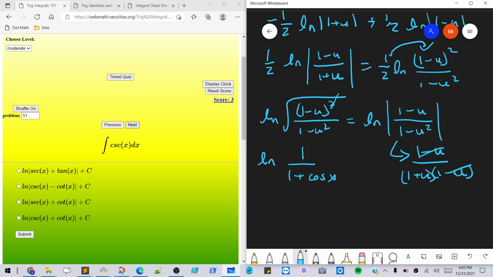It's funny. I feel like every time I do this integral, I make a sign mistake somewhere, and it totally throws me off. Let's see. No, we're close.